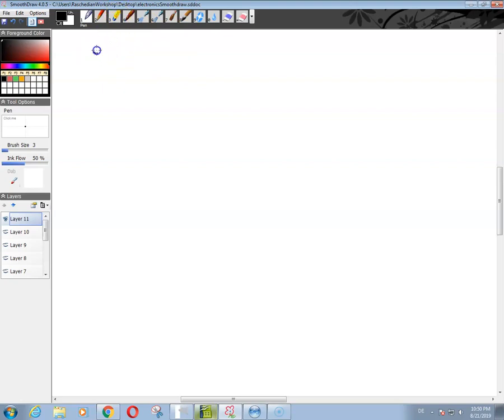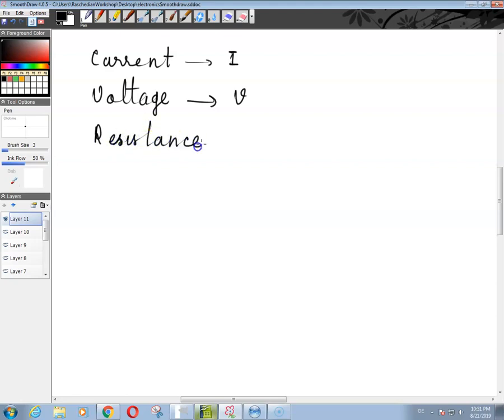One of them is called the current, which is denoted by the letter I. The other one is called the voltage, which is denoted by capital V. And the other one is called resistance, which is denoted by R.